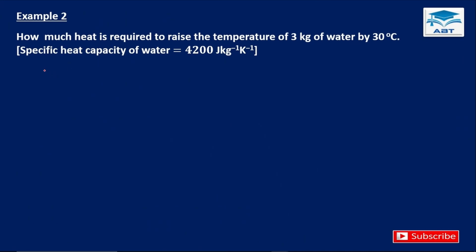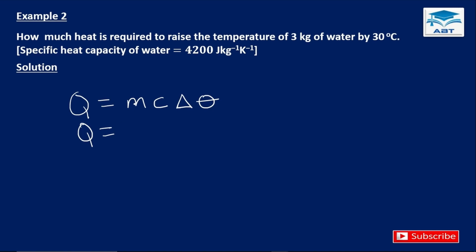Now let's solve some examples. Example 2. How much heat is required to raise the temperature of 3 kilograms of water by 30 degrees Celsius? The specific heat capacity of water is 4,200 joules per kilogram per Kelvin. The quantity of heat is given by the mass times the specific heat capacity times temperature change, and the mass here is 3 kilograms.